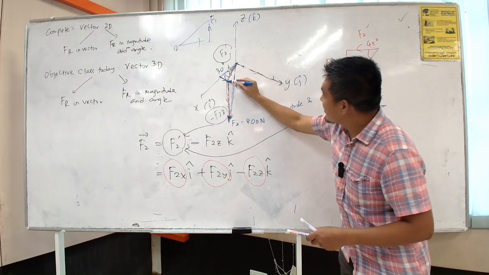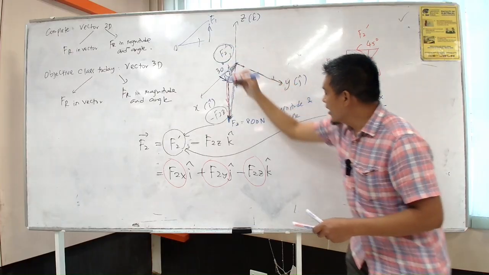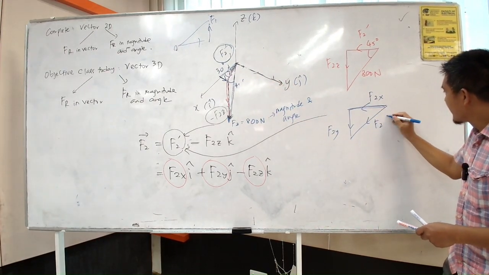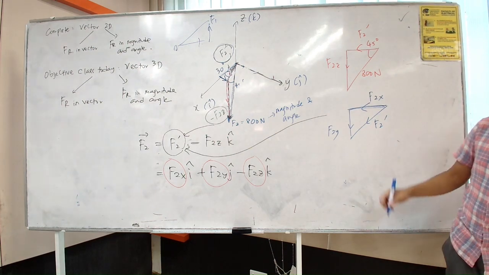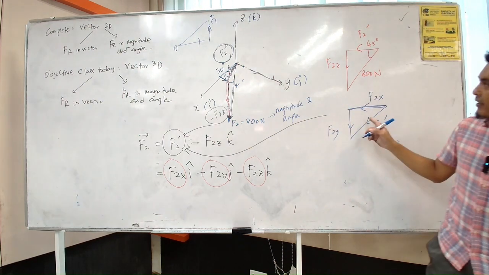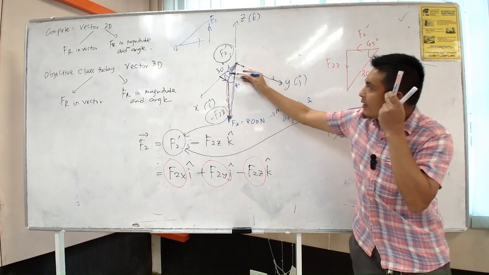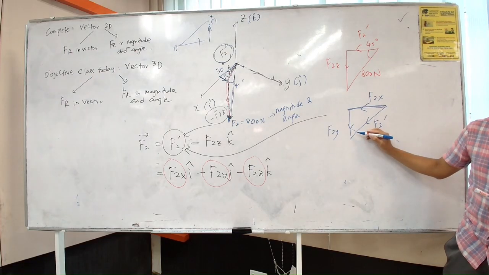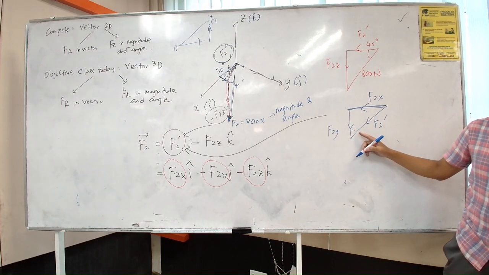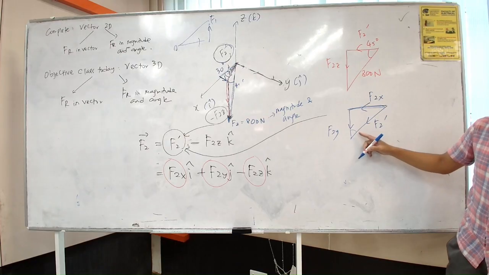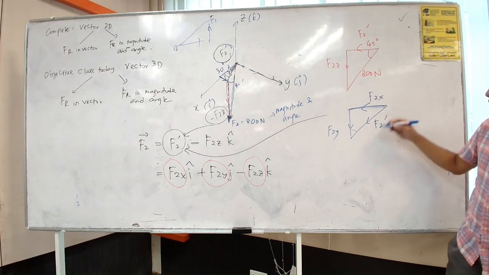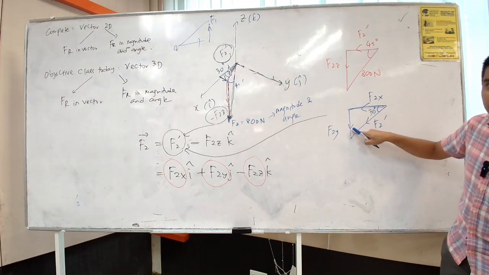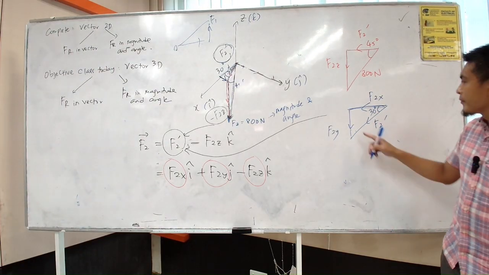And this one, this line refer to F2 prime. Right? What is the information that we not put here yet? 30 degree, right? Is it here? Is it 30 degree here? We'll say the 30 degree here. The 30 degree is at this location, is it? Okay.